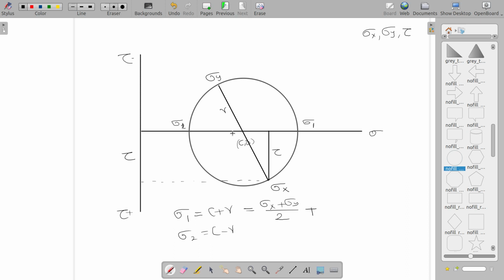And that will be this length. So square of this length plus square of this length will give you the length. Using Pythagoras theorem, you can calculate this R. So this plus R will be equal to sigma 1.